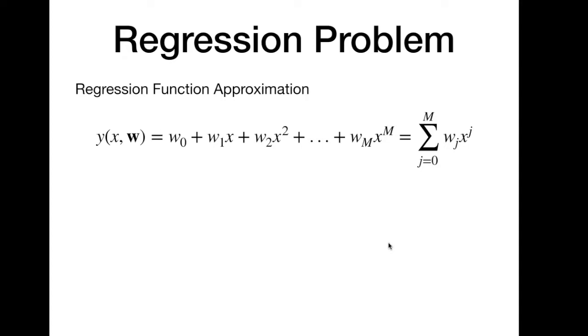A polynomial function can be written in a simple way as a sum of products of the coefficients and the inputs raised to the power of their polynomial order. So here the sum goes from j equals 0 to m, where m is the order of the polynomial, and training is the process of estimating the model parameters.